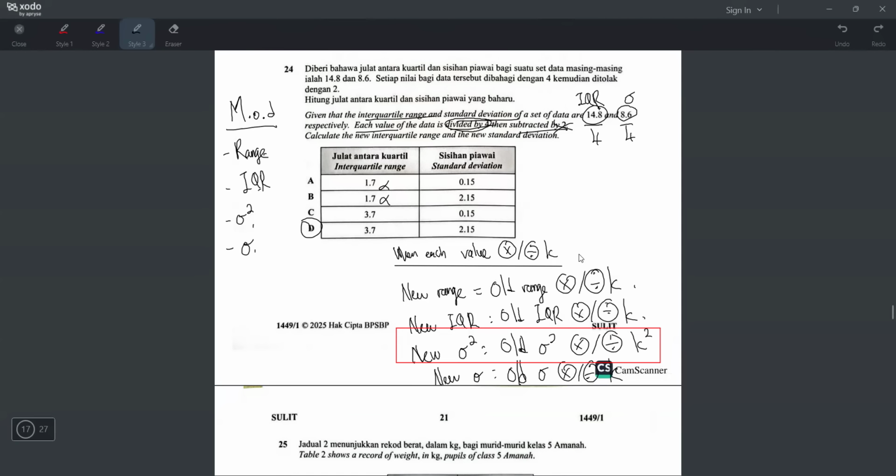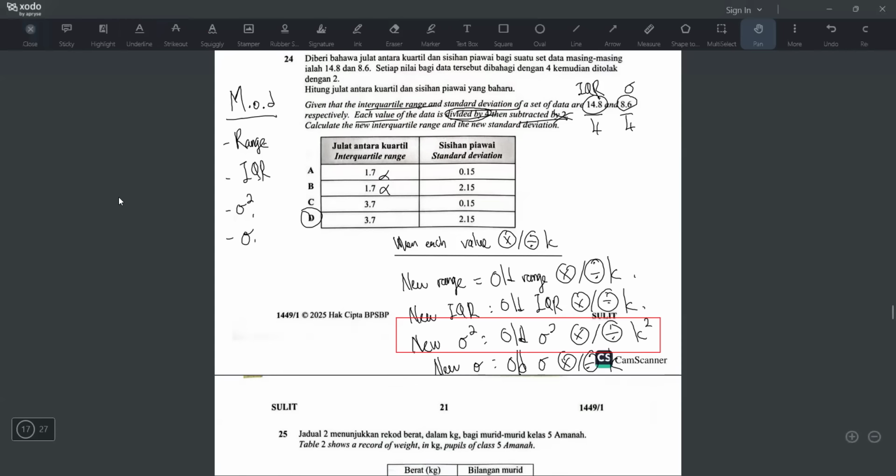Okay, then sir, what if this one is tambah dengan K ataupun tolak dengan K? I told you already, tambah tolak K, kalau each value tambah K tolak K, dia takkan affect your measures of dispersion. Your range, IQR, variance, standard deviation will end up the same. So dia tak affect. Cuma darab bahagi saja affect. And how it affects, inilah saya sudah bagi nota. So make sure you know this lah.